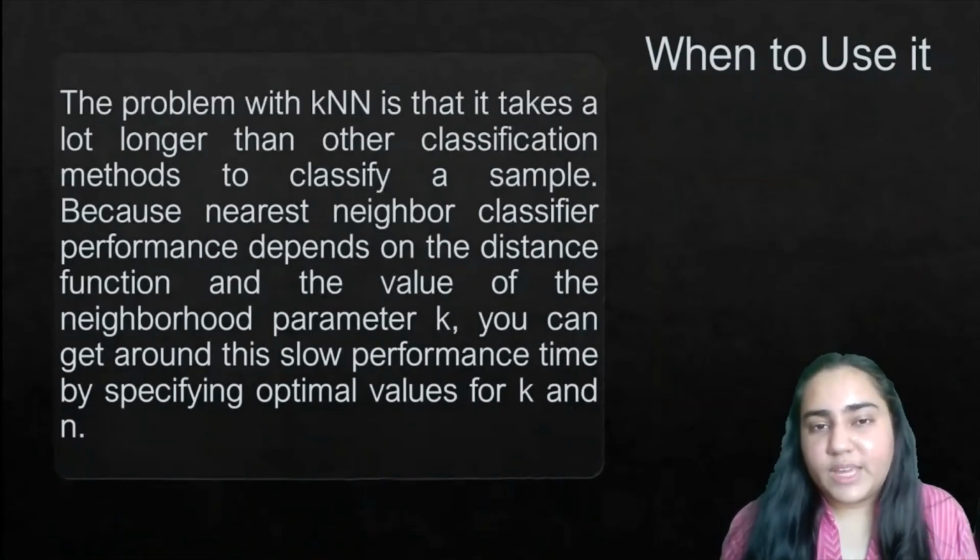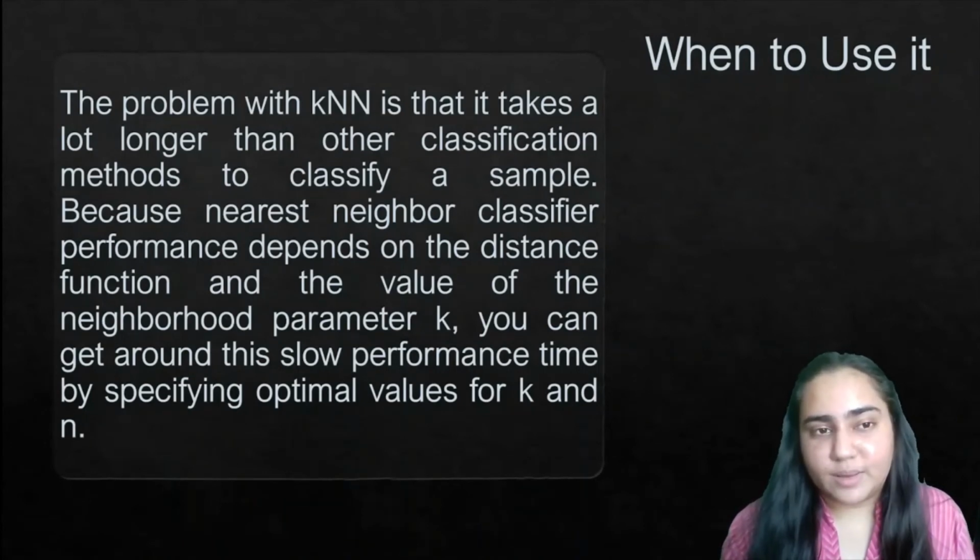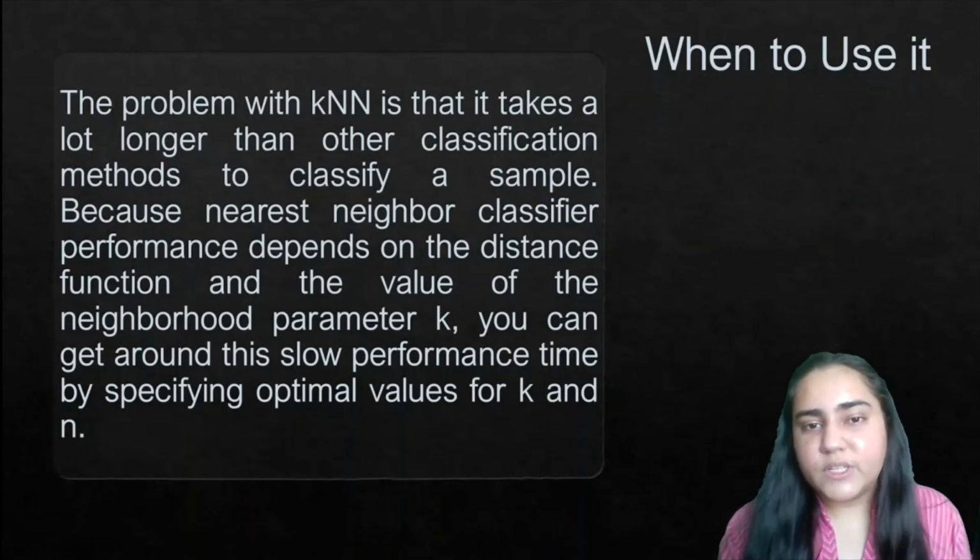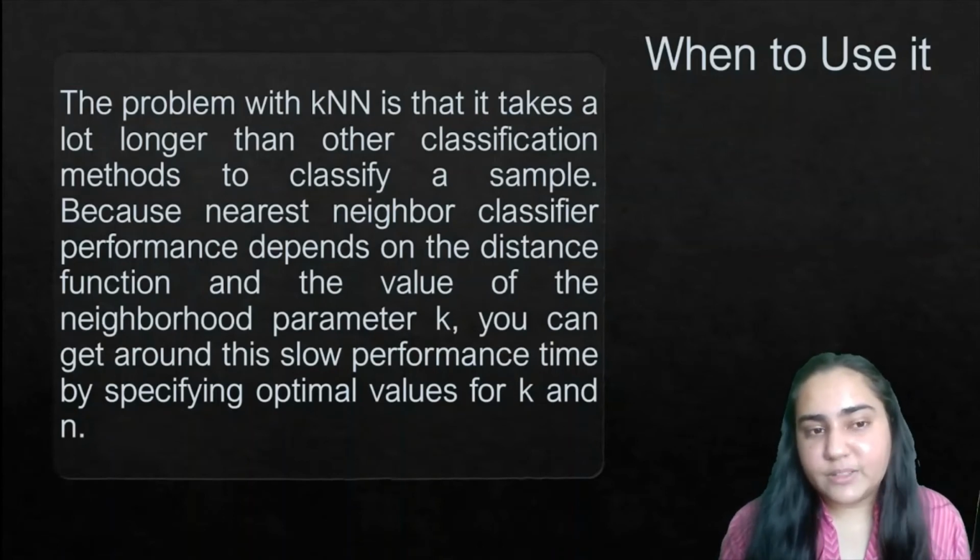The problem with kNN is that it takes a lot longer than other classification methods to classify a sample. And because nearest neighbor classifier performance depends on the distance function and the value of the neighborhood parameter k, you can get around this slow performance time by specifying optimal values for k and n.